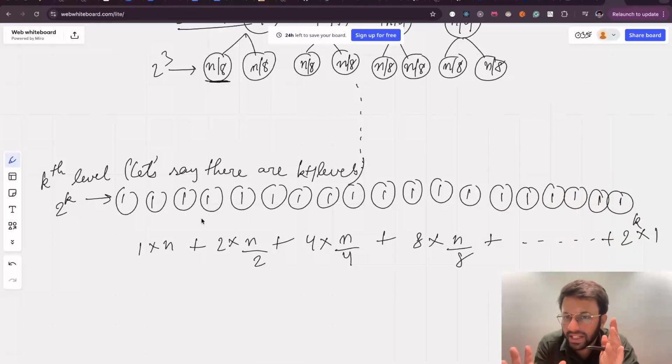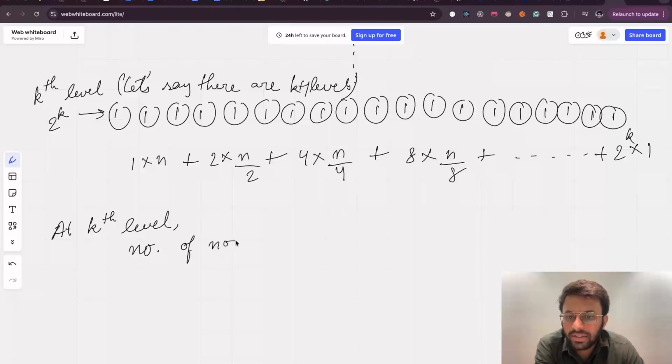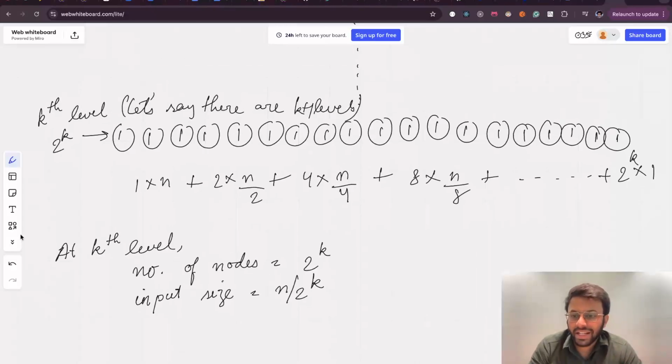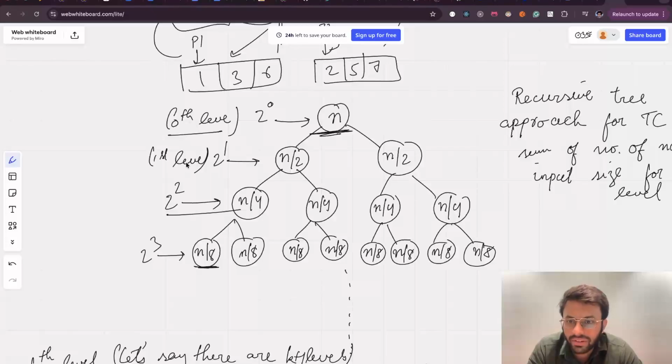So I can see a pattern: at the kth level, number of nodes is 2 power k and input size is n by 2 power k. Understood? This is what I figure out from this pattern of looking at the 0th level, first level, second level, third level, fourth level, and so on.